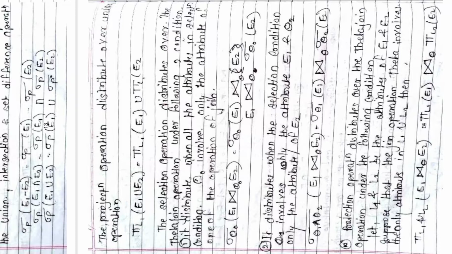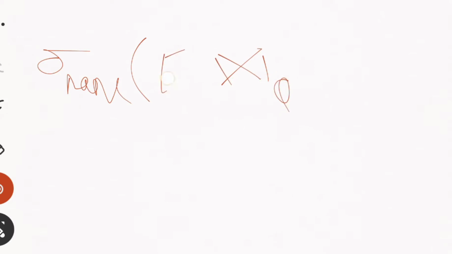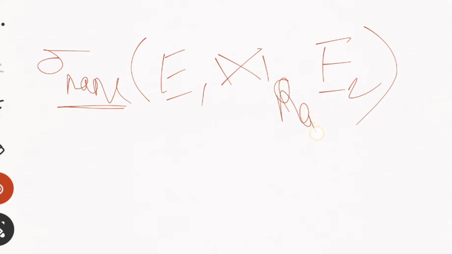So you can see here, the attribute I want to select, let me do one thing. If I am selecting any attribute, say name, then whenever I am doing a theta join of any two relations, E1 and E2, whatever I am naming here must be the name here.